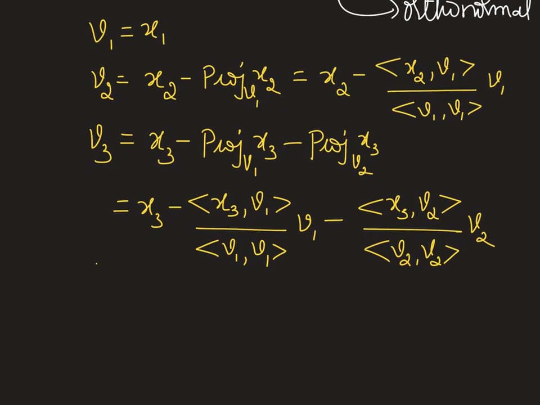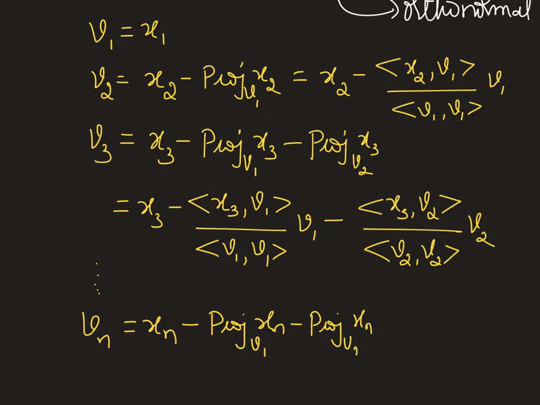In this way, we continue for n orthogonal vectors. This is xn minus the projection of xn onto v1, the projection of xn onto v2, and like this it goes on, minus the projection of xn onto vn minus 1.